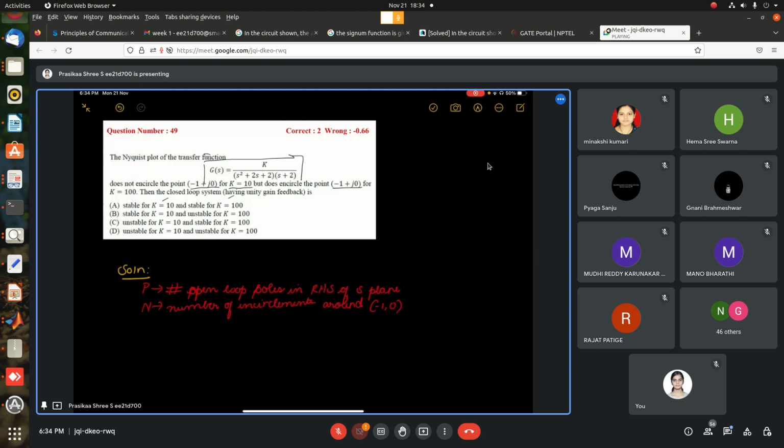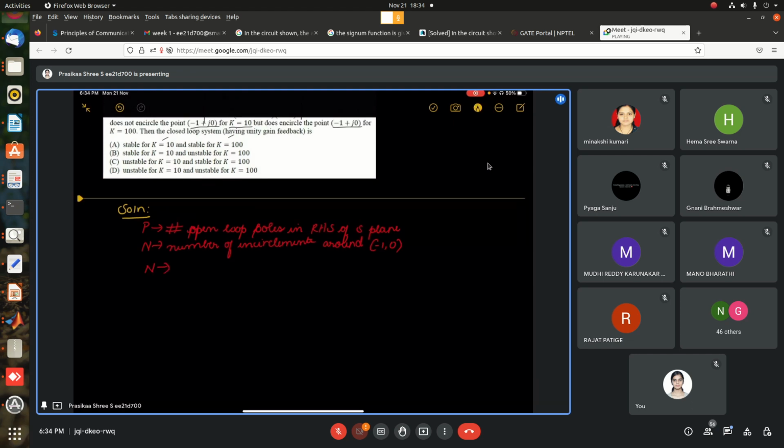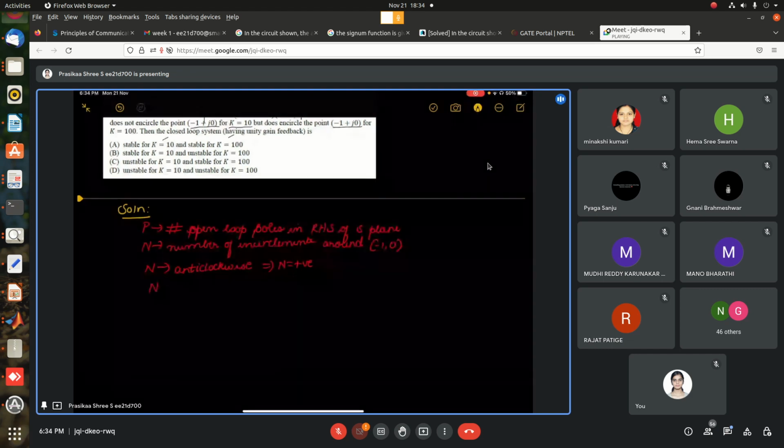Usually when the encirclement is found to be anti-clockwise around the point -1, 0, then N is positive. If N is clockwise, then N is negative. All right. So keep these in mind.